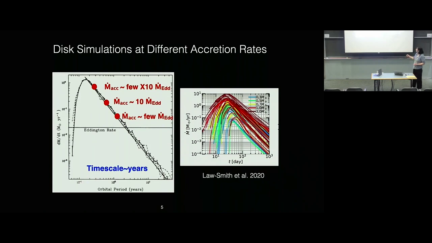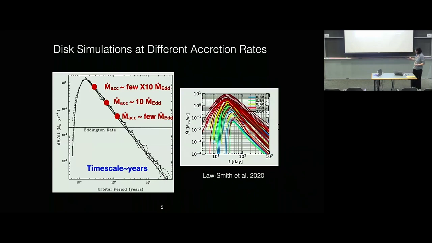And here, because the evolution in TDEs lasts for years of time scales, it's impossible to resolve that whole evolution using one simulation. So the method we adopt here is to do simulations at different Eddington ratios which resemble different epochs of the time evolution of a single TDE.